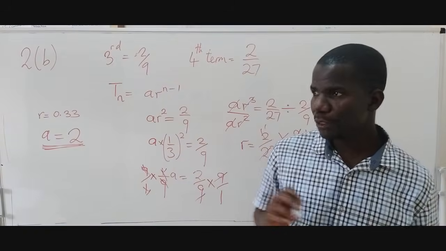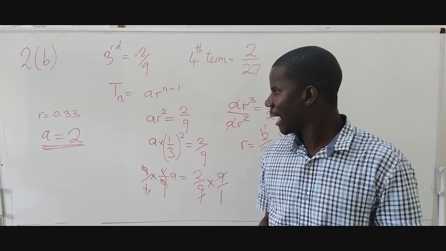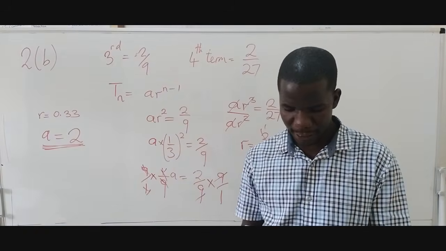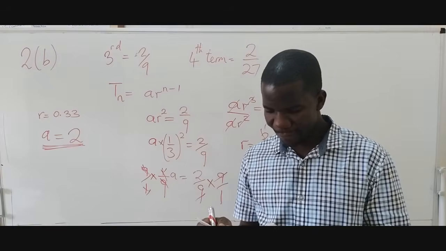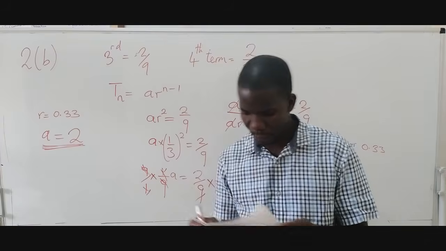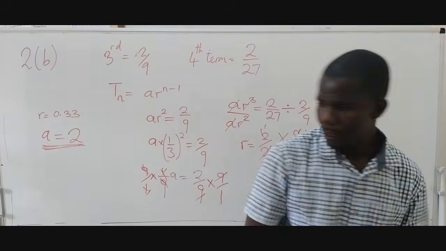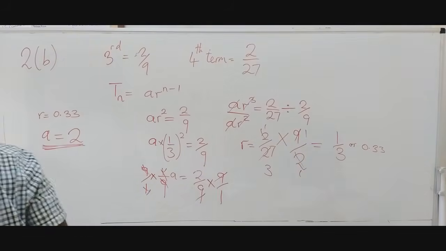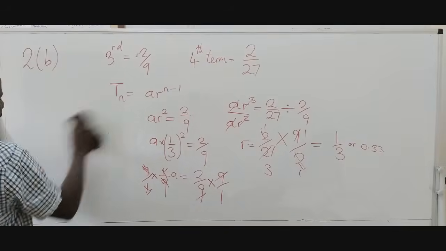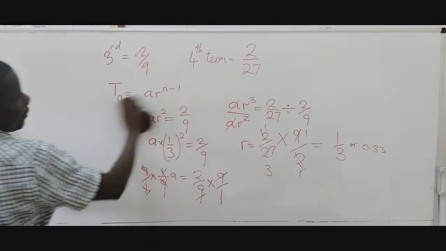Now, from this point, we have the other questions that we are supposed to find: the sum of the first 5 terms of the GP. So, how do we proceed?